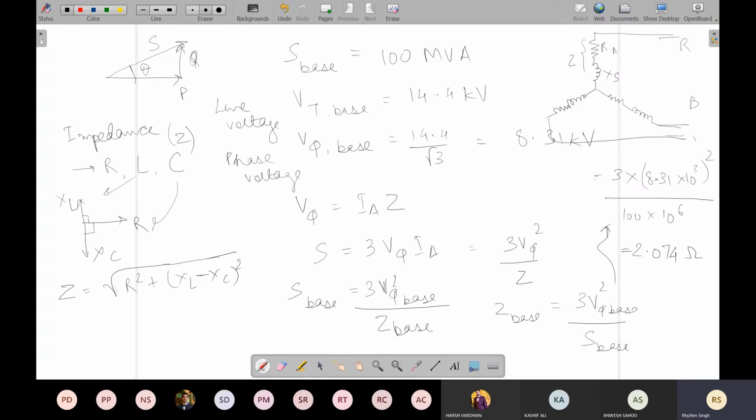We don't go inside the machine when operating, we are just connecting it to the system. So the external system looks at it as some machine having this much voltage between each pair of lines, which will be this VL.